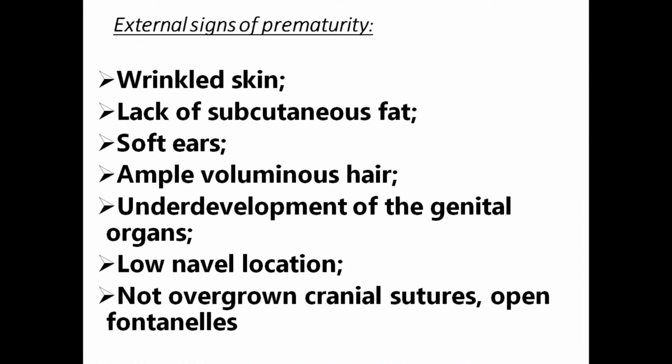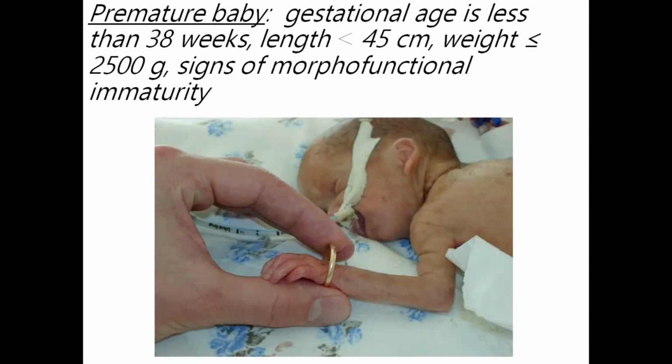External signs of prematurity: wrinkled skin, lack of subcutaneous fat, soft ears, ample voluminous hair, underdevelopment of genital organs, low navel location, not overgrown cranial sutures, open fontanelles. Look at this.